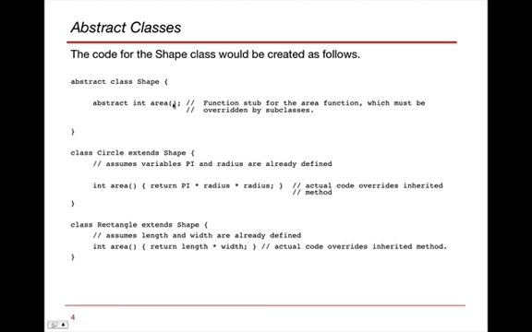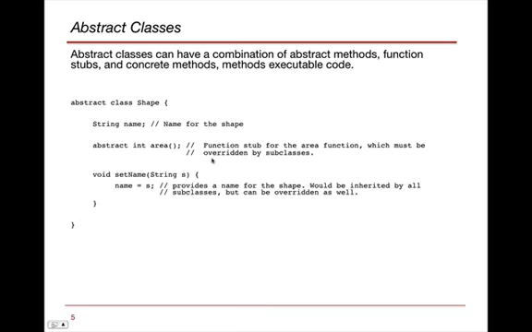Had there been parameters, then the parameters must appear here as well. It must be the same number and the same type. The variable names do not matter. Here we'd return pi times radius times radius, assuming that pi and radius are already defined. So this code is overriding the abstract method int area. Again, class rectangle extends shape, and this method overrides the function stub in the abstract class shape.